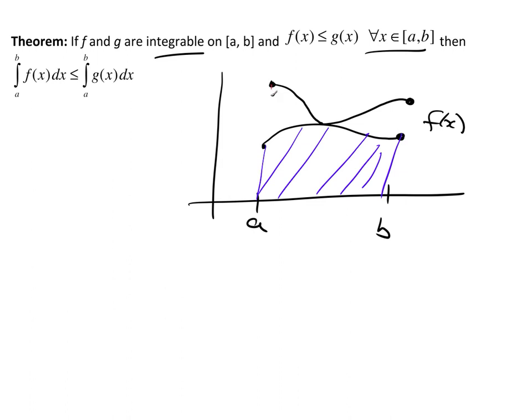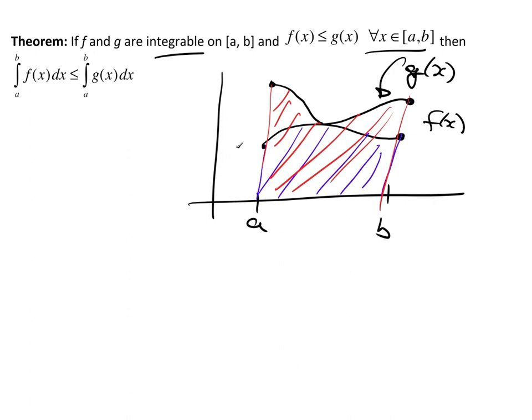Well, g of x is going to give me all of this area. So it should seem somewhat intuitive, let me label that as g of x, that the integral of f of x from a to b is going to have less area than the integral of g of x from a to b, because g of x is bigger than or at least equal to f of x everywhere from a to b. So that should not be too much of a surprise.